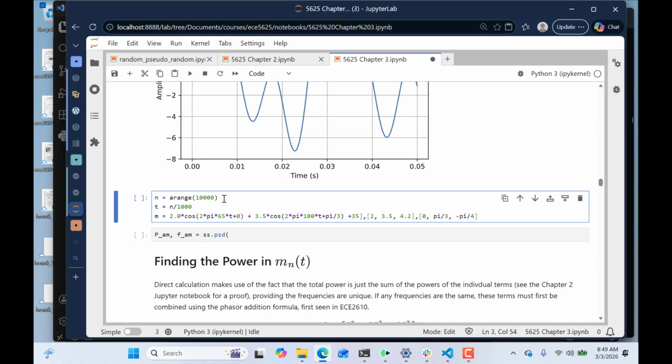And then the last one is going to be 4.2 times t. Now, frequency has to be in there, and that was, was that 4.2?